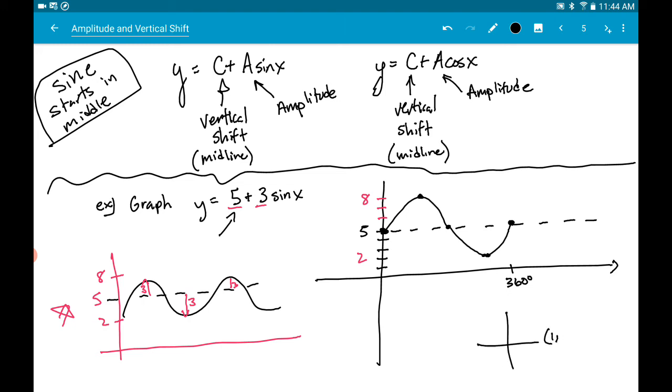I'm talking about it starting here, and then it goes around the unit circle to 90 degrees. That's this point up here, that's 90. Then it comes around to 180. That's right here. Maybe you're thinking, hey, isn't 180 supposed to be 0?